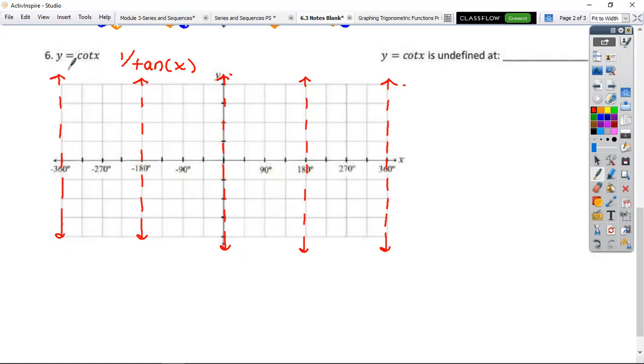All right, so where are we undefined here? 0, plus and minus 360, plus and minus 180. And then again, just remember that 180 is pi, so 360 is 2 pi.